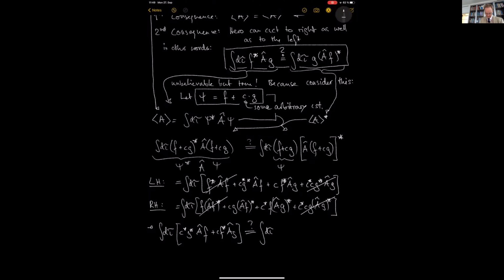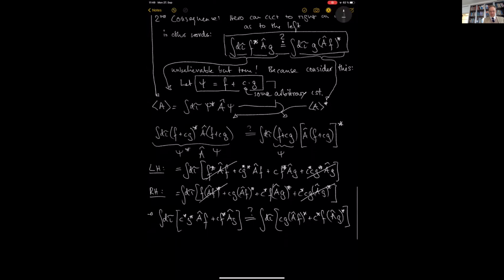E tau CG AF star plus C star F G star. All right. So we got rid of 4 terms in total. And this was just factoring out and simplifying. It's a little bit tedious to go through all these factorings, but one has to be careful.